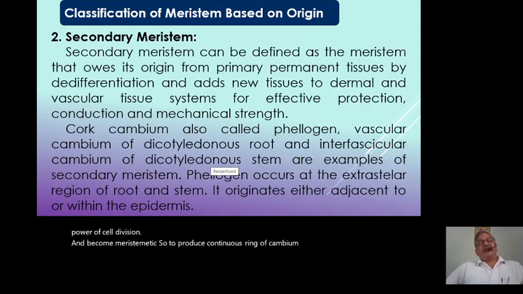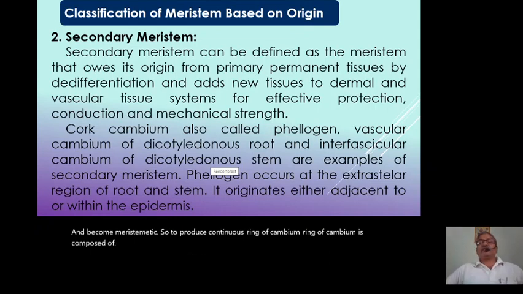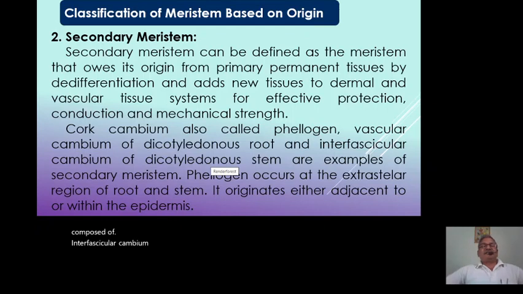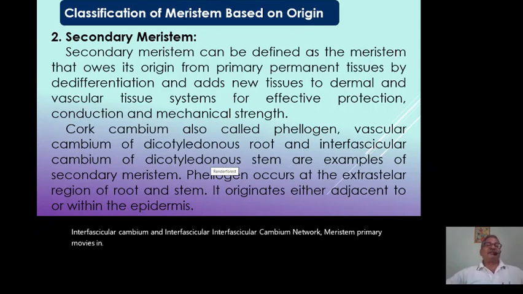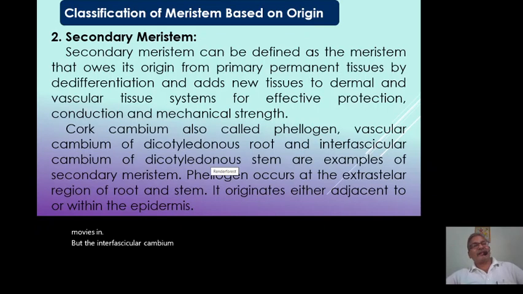Such a ring of cambium is composed of intrafascicular cambium and interfascicular cambium. The intrafascicular cambium is the lateral meristem which is primary in origin, but the interfascicular cambium is secondary in origin because it is formed from the parenchymatous tissue.